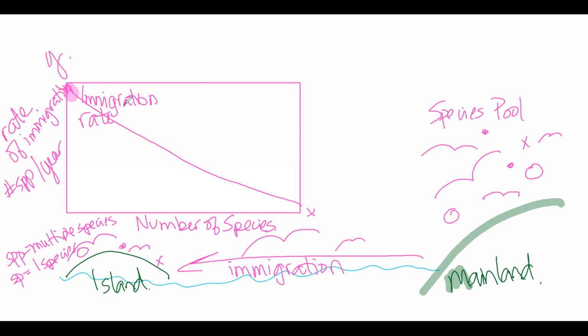And if you're on your island and you're the only species wandering around, that's great. No one's going to eat you. No one's going to compete with you. But if there's lots of other species there, so we're going from a low number of species to a high number of species here, then you're going to start competing with each other.